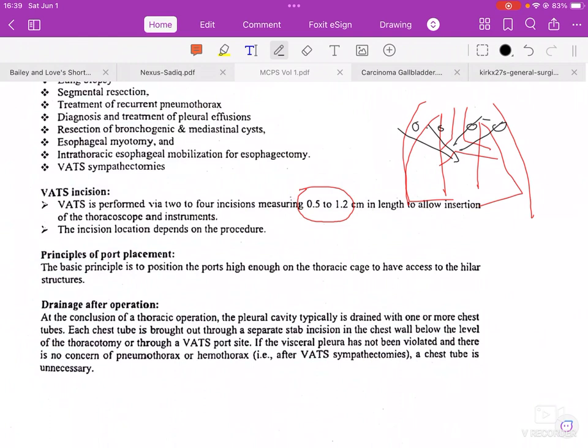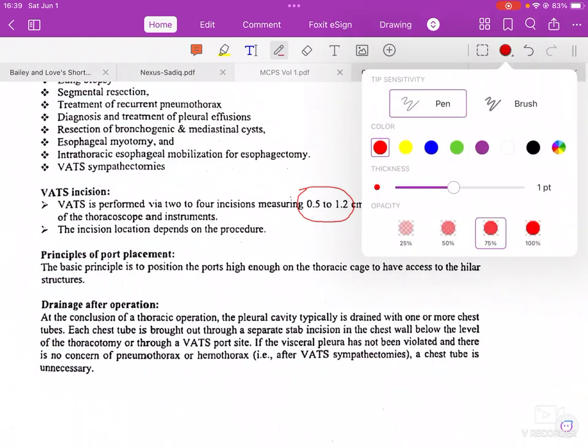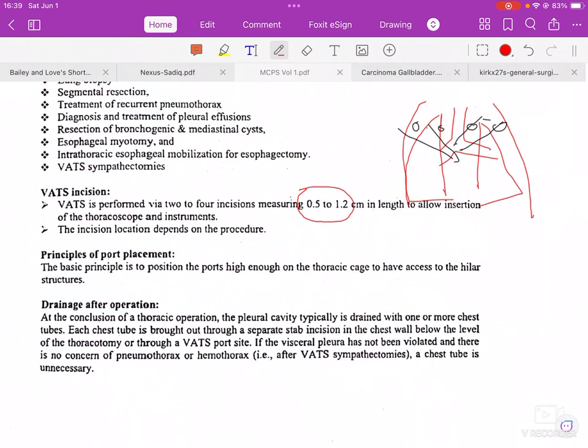Now, drainage after operation. At conclusion of a thoracic operation, the pleural cavity typically is drained with one or more chest tubes. Each chest tube is brought out through a separate stab incision in the chest wall below the level of thoracotomy or through a VATS port site.